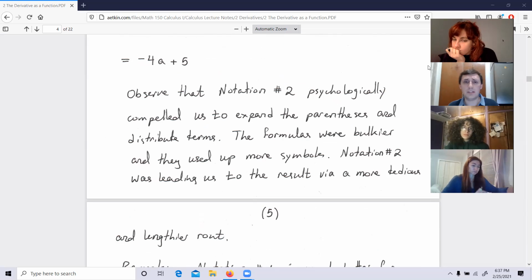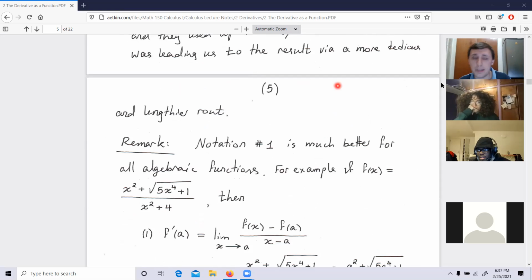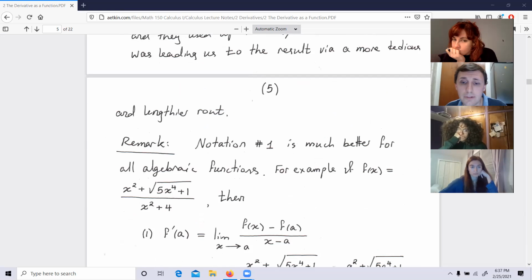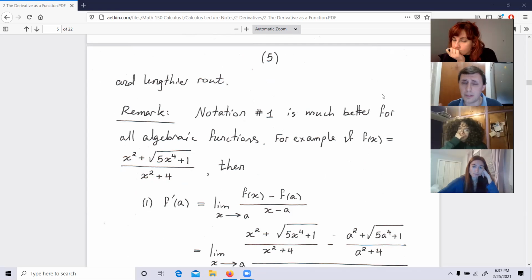Now, why was that the situation? Let's for a second look what happens if we just set up, not even do anything, but just set up the derivative for the following problem. You see, we have x squared plus root 5x to the 4th plus 1 divided by x squared plus 4. We are not going to solve the derivative right now, but we're going to set up the limit using notation 1 and then using notation 2 and see what happens.